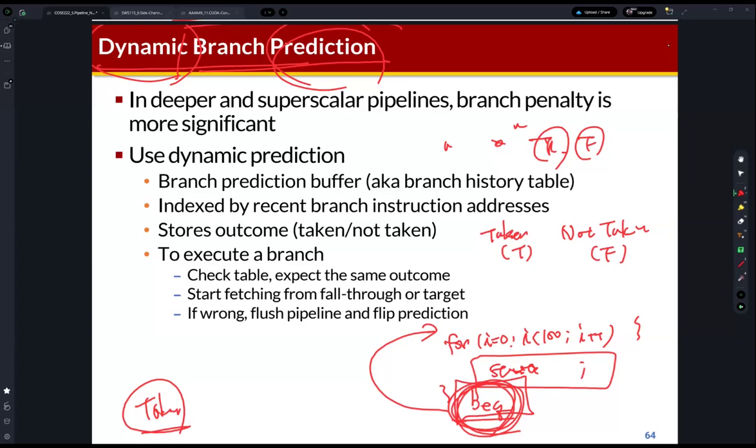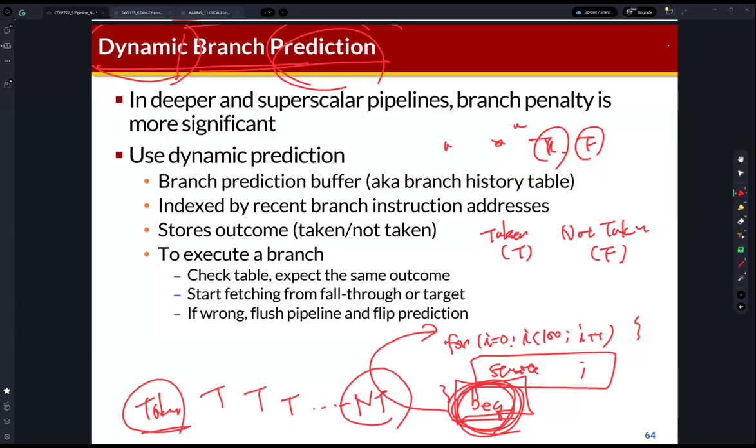The next behavior is also taken, 100 times, and then finally it is not taken. So actually in the program, in our normal applications, we can observe this iterative loop very frequently.